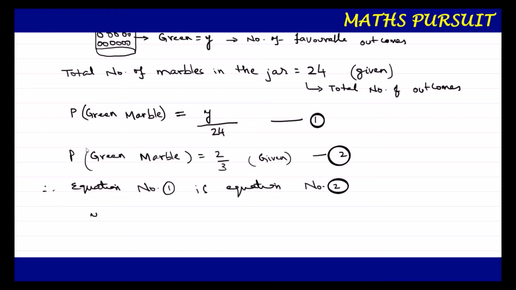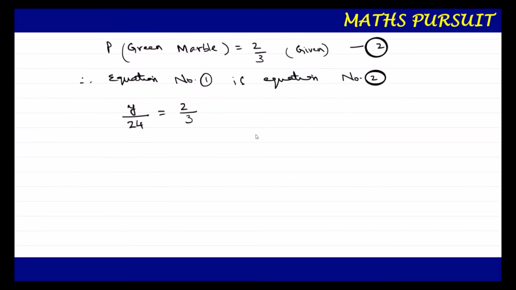So as a result I can write this as Y upon 24 is equal to 2 upon 3. This is what we got. Now let us solve this equation.